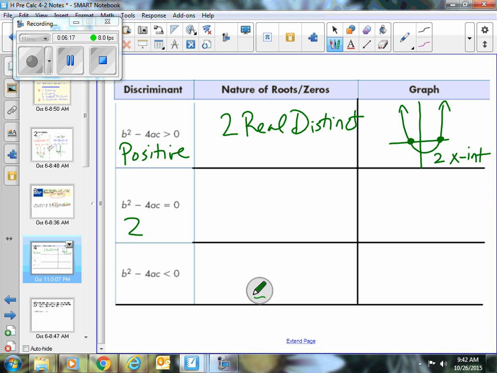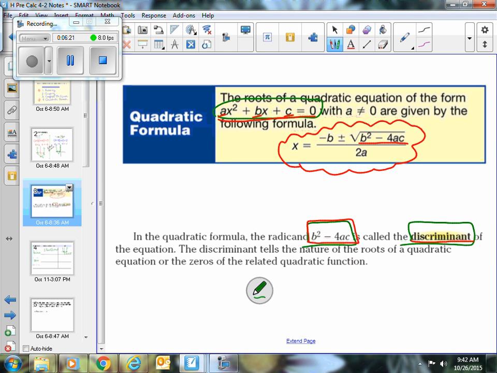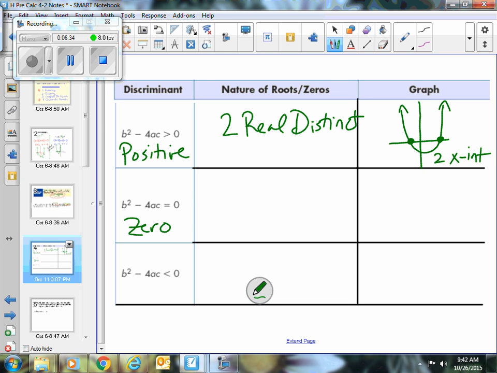All right, let's take a look at the next one. What if the discriminant is equal to 0? Well, if you go back and take a look at the quadratic formula, if this part is 0, square root of 0 is 0, you lose this entire part, and you're just left with a single number, whatever that is. Well, if it's a single number, that means the graph is only touching in one place.